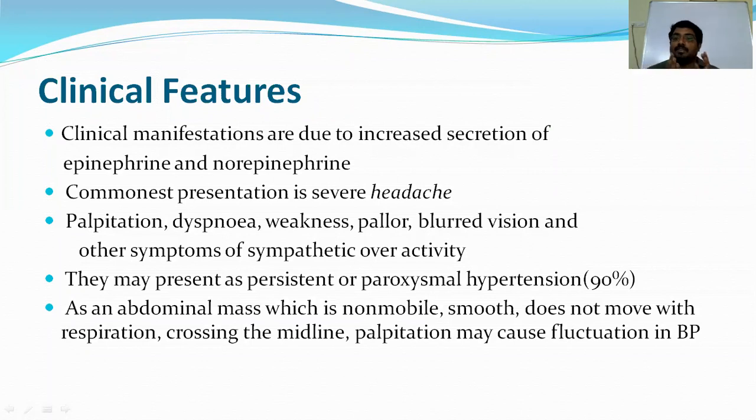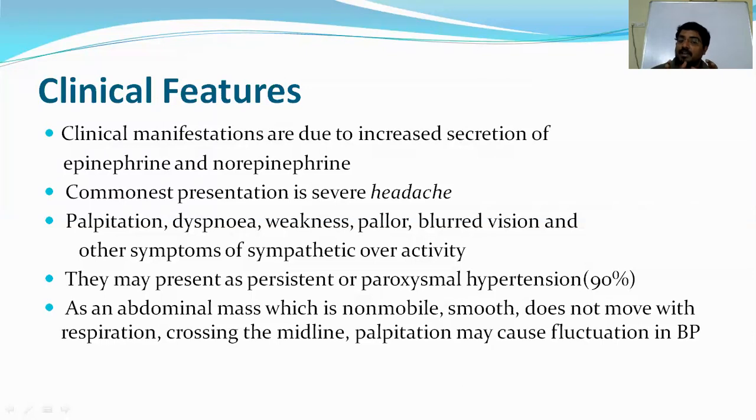The tumor releases epinephrine and norepinephrine, and noradrenaline is the most common. The common symptoms I told you: headache, palpitation, and diaphoresis. See, severe headache, palpitations, dyspnea, weakness, pallor, blurred vision, and they may present with persistent or paroxysmal hypertension.